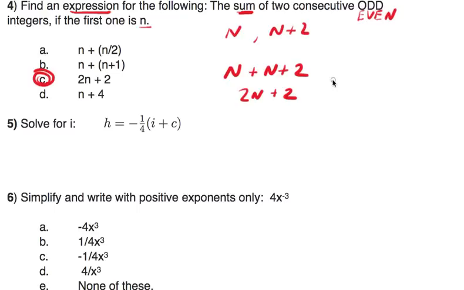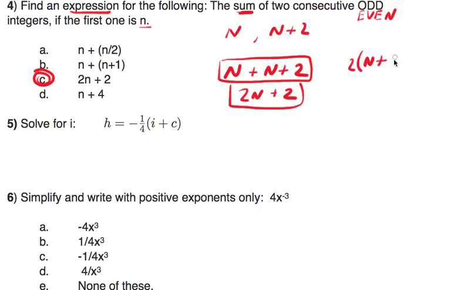Well, we're talking midterm strategy, and I just want to point out that this is a valid answer, and this is a valid answer. And suppose this answer didn't appear over there. Well, you might think that you could massage your answer even more, and factor out a 2, and you'd get this, which is also a valid answer and may be one of the ones that appear in the list over here.